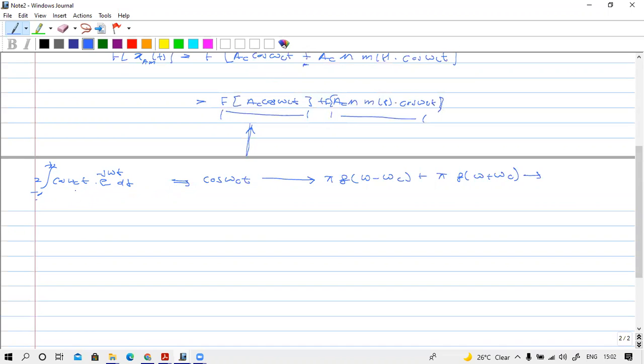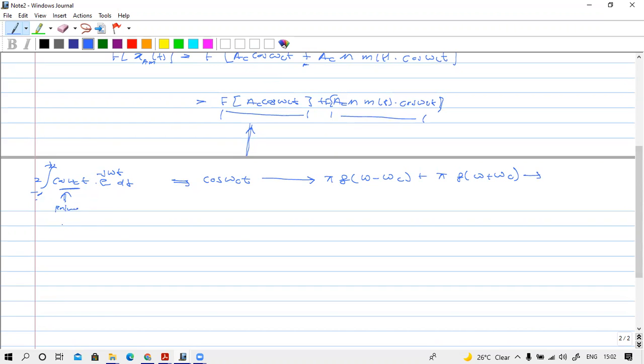So in this integration we have a cos term and an exponential term. We can simply convert the cos term into exponential terms using the Euler formula.